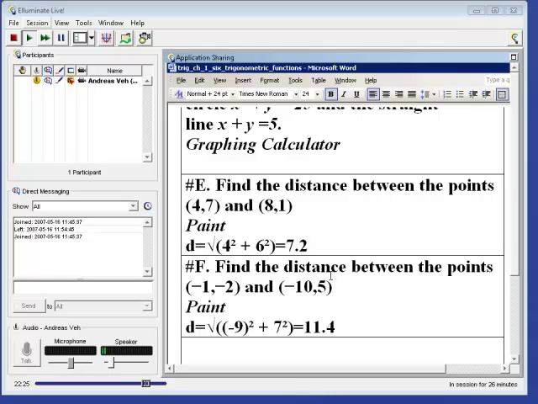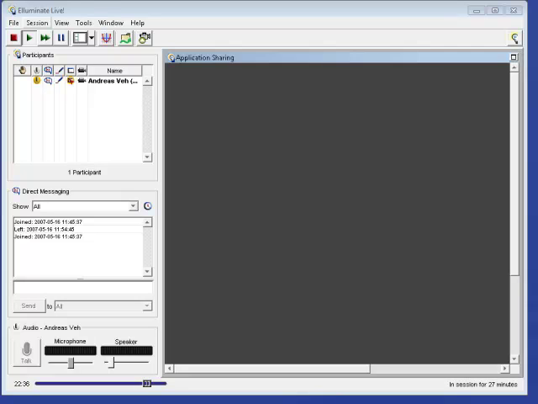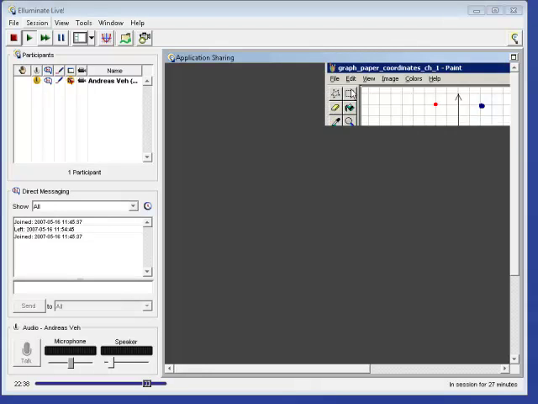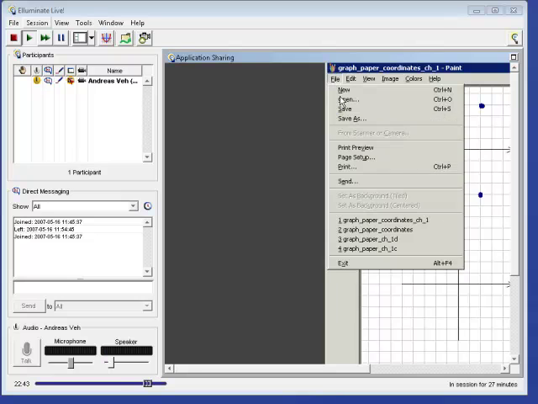Let's see what we come up with in Paint. I'm just going to do this in Paint. I'm going to save this here.